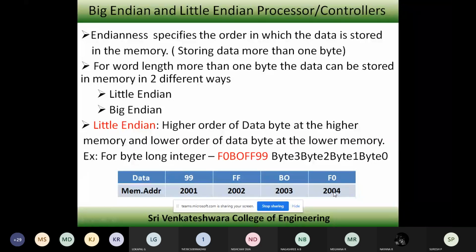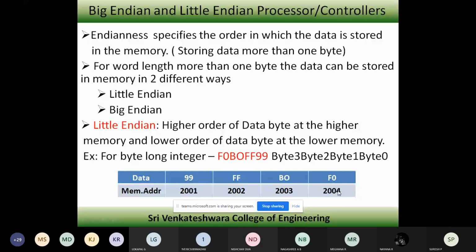Byte 0 is the lower byte: 99 is the lower byte, and it will be in the lower memory address. FF is byte 1, stored in address 2002. B0 is byte 2, stored in address 2003. And byte 3 is F0, which will be stored in address 2004.